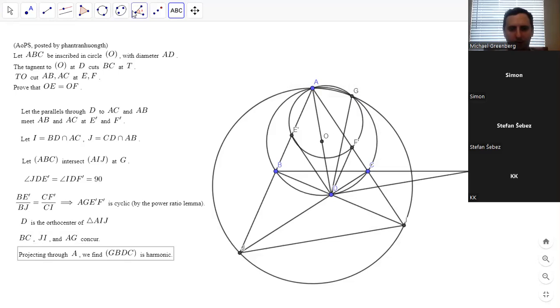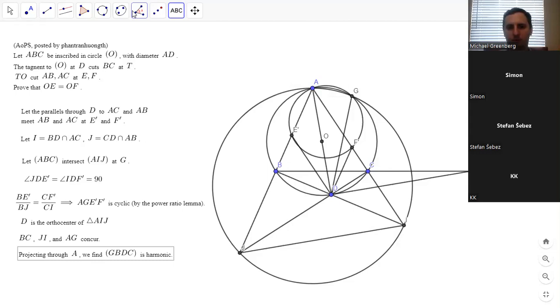So how do we finish this? We know that TG is tangent to the circle. We want to prove that T prime F prime is parallel to AG. I think that is an angle trace, but I can't see it right now.